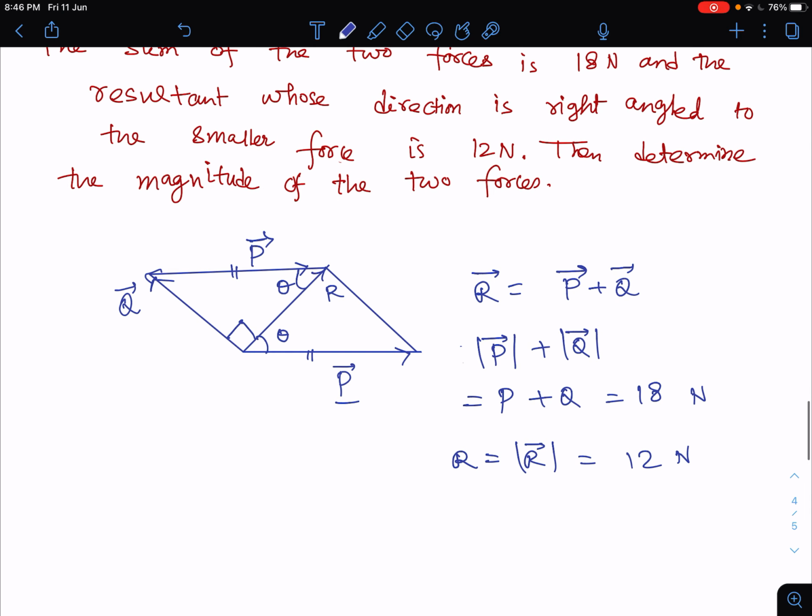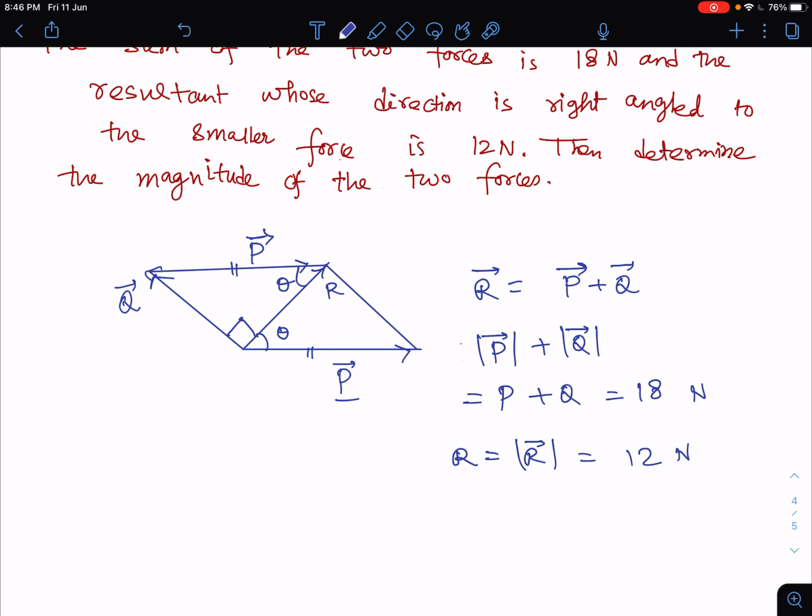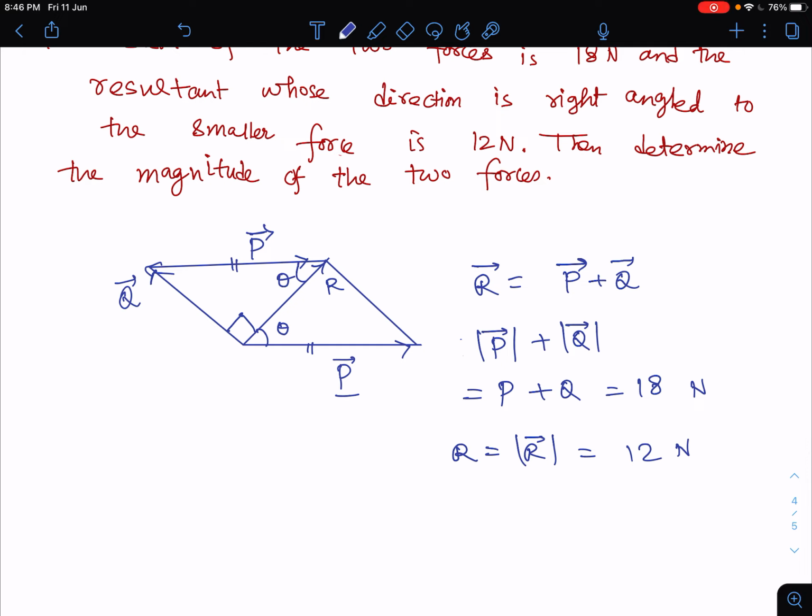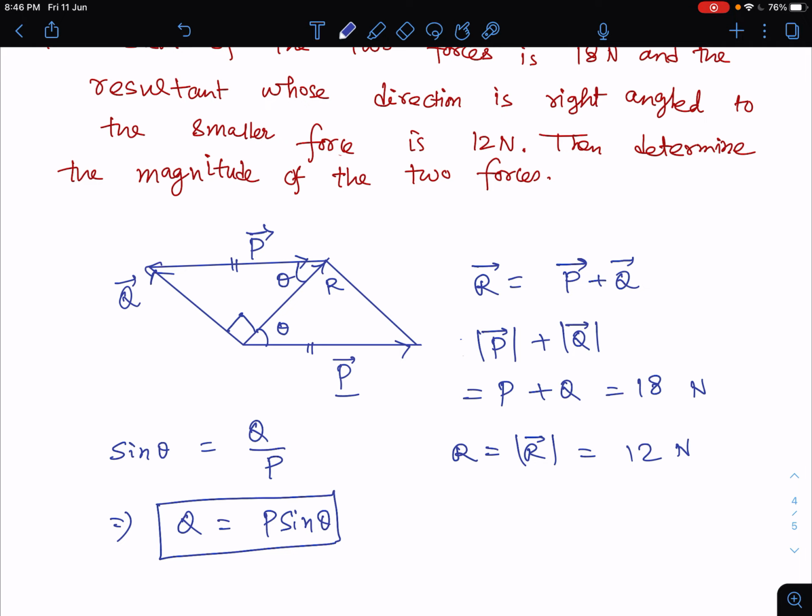Now in this triangle, sine theta is nothing but Q by P, that is Q equals P sine theta. So that is one of our relations.